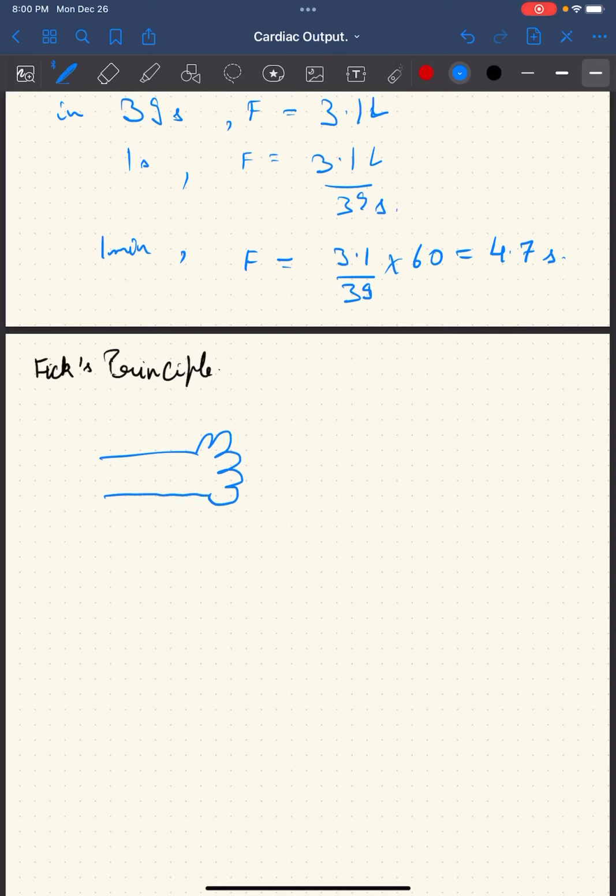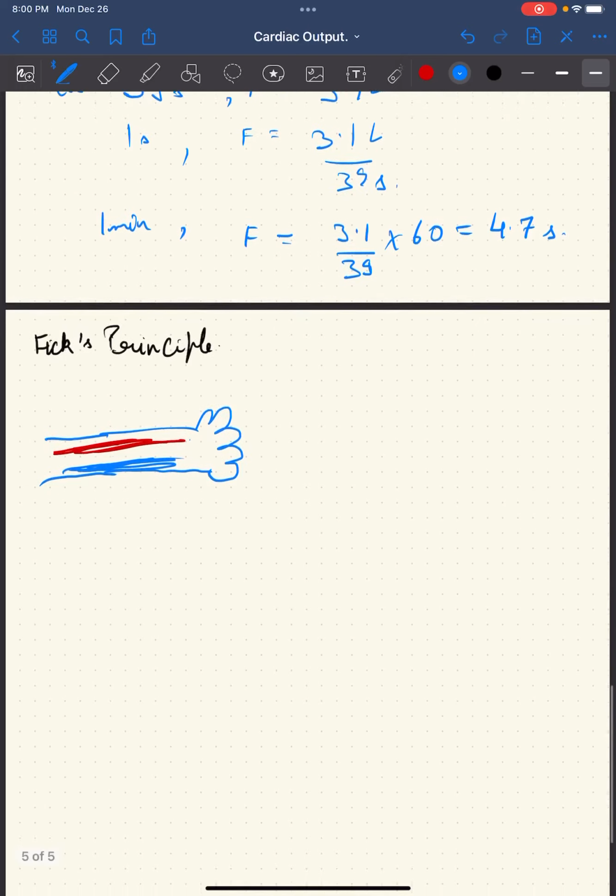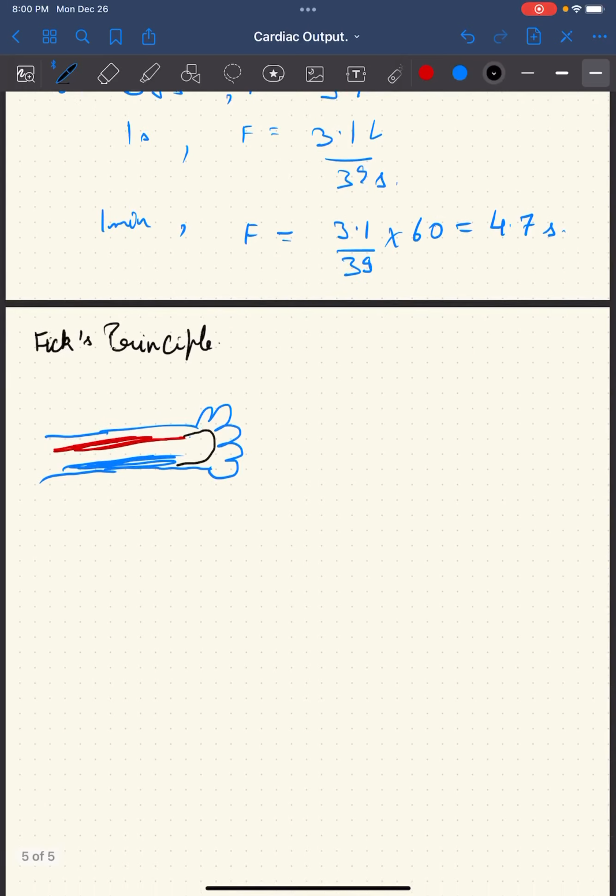Pardon my drawing. Okay. So here is my hand. This is my arterial blood. And this is my venous blood. And this is the capillary network in between.